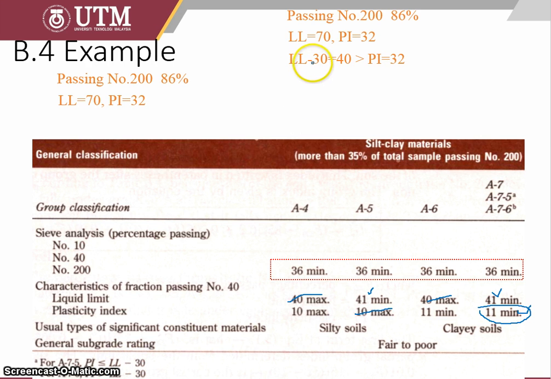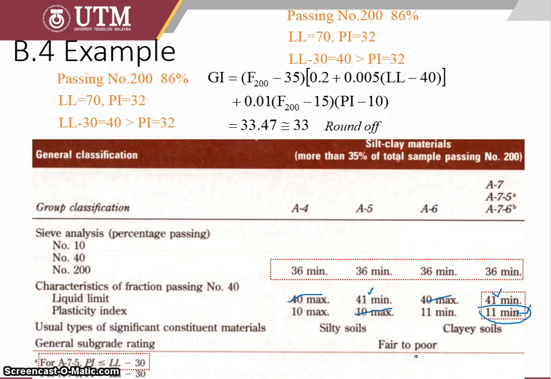We can calculate LL of 70 minus 30, so we got 40. 40 is bigger than 32, so it fits the A75 condition. After knowing the soil falls under A75, it is fair to poor. Next is to calculate the group index.